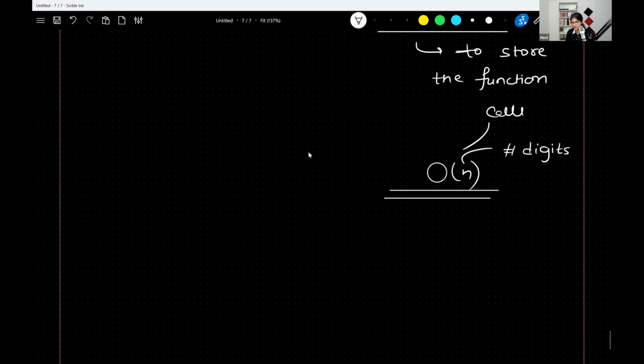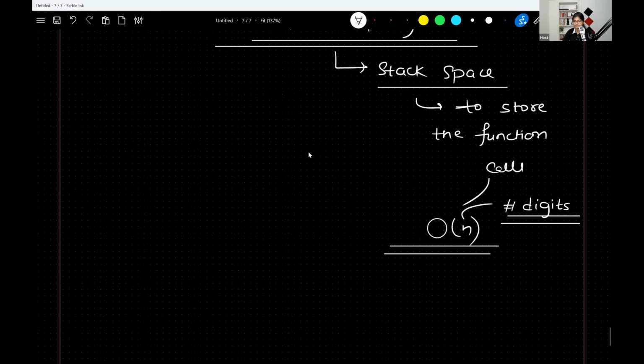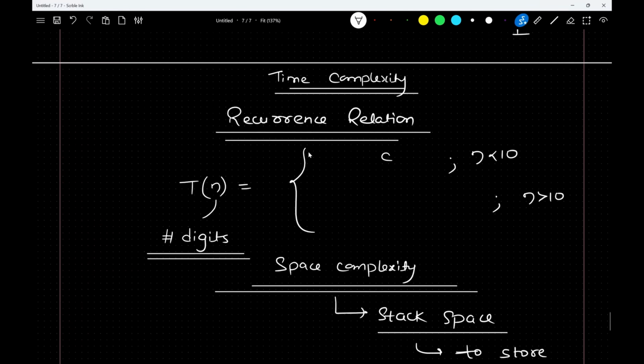When it is 5, you're taking 5 levels of space. Now tell me: T of n minus 1.